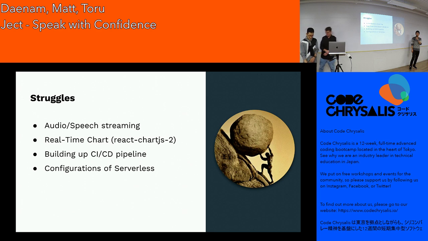And about the real-time chart, I used React Chart.js 2, and I wanted to update my chart dynamically. So I used setState to update dynamically, but that setState changed some options, some variables of Chart.js, but it doesn't redraw the chart itself.